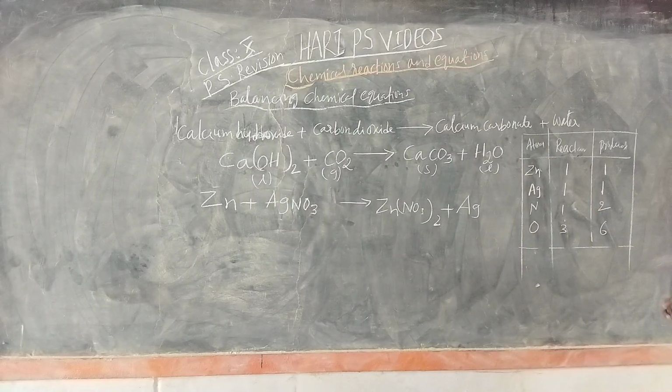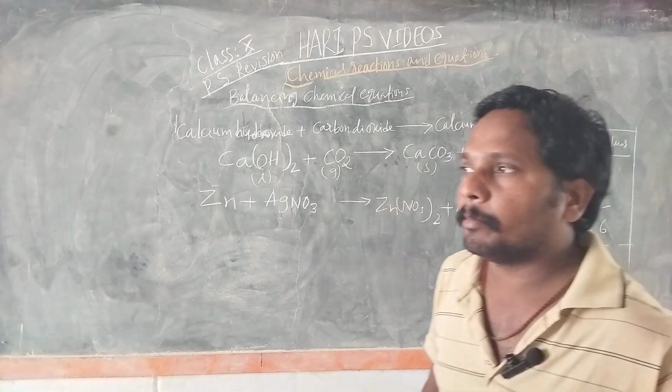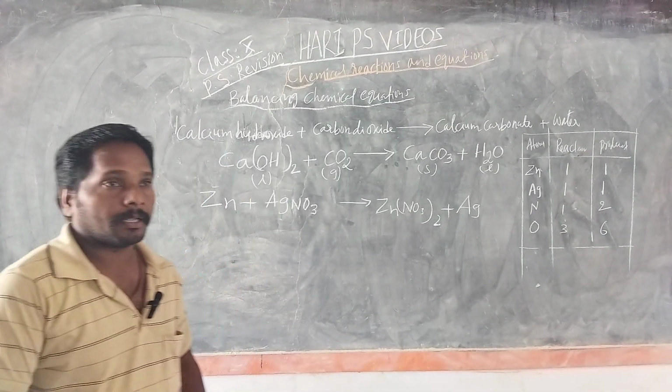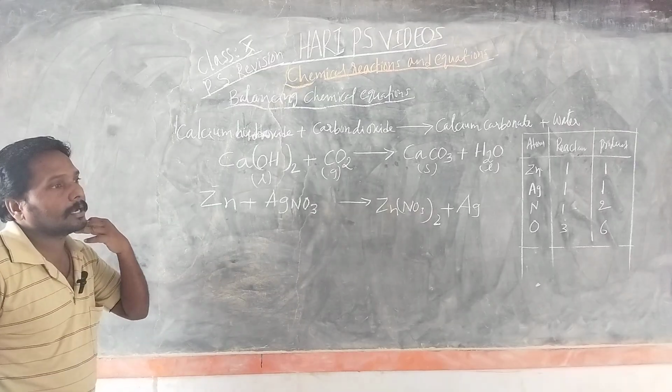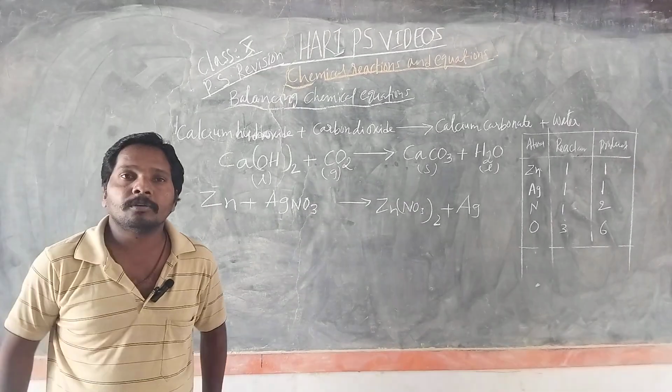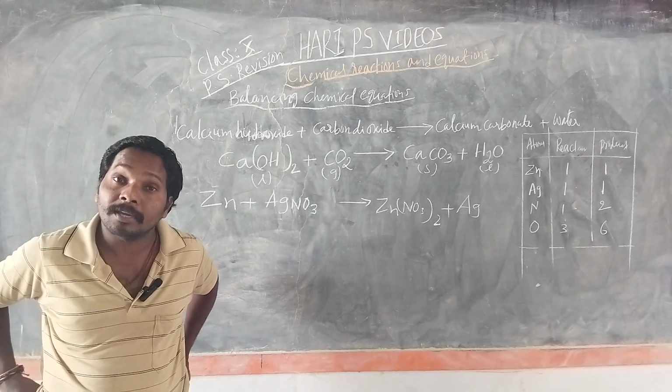So on the reactant side zinc 1, silver 1, nitrogen 1, oxygen 3. On the product side zinc 1, silver 1 are balanced, but nitrogens are 2, oxygens are 6. So now this is an unbalanced chemical equation.